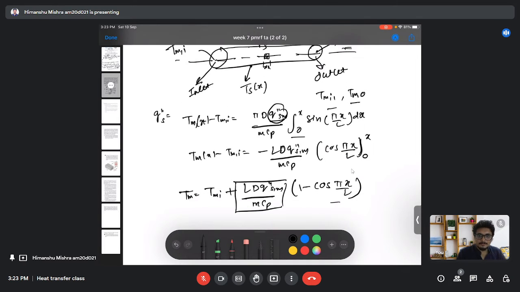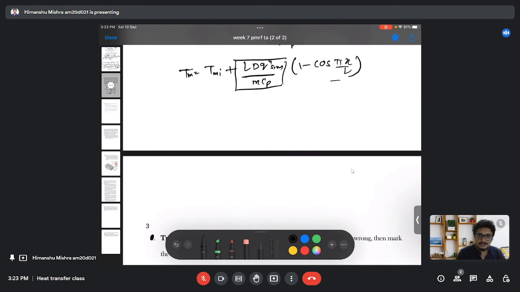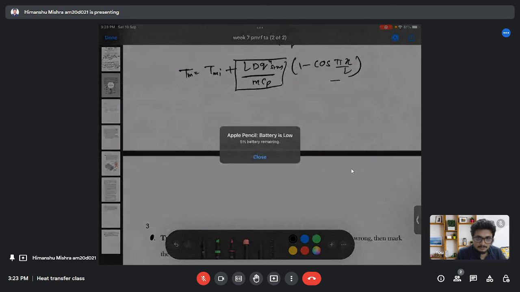To find the surface temperature, we can use the relation that we introduced earlier in the question.